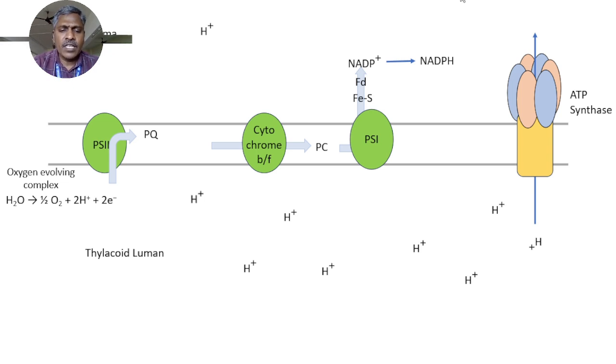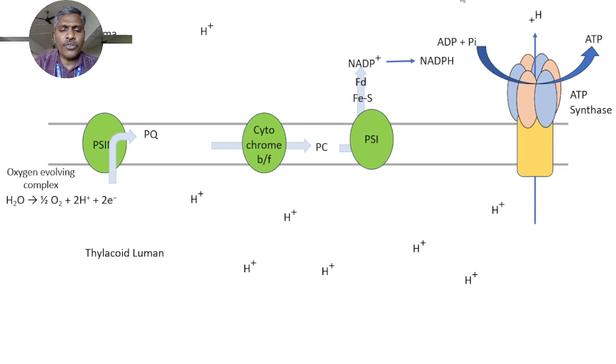To balance this, protons naturally want to flow back to the stroma, and they do this through an enzyme called ATP synthase. As the protons flow through ATP synthase, it spins like a turbine and combines ADP and inorganic phosphate to form ATP.